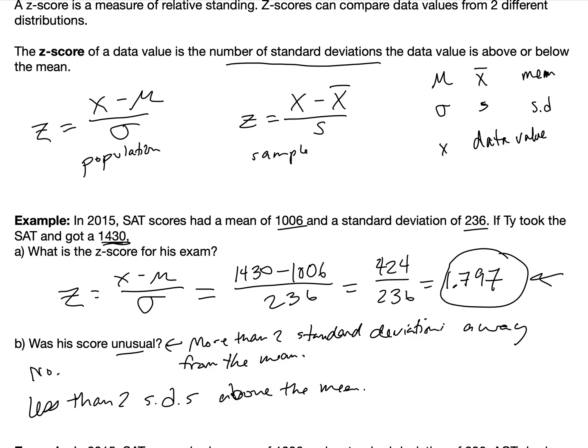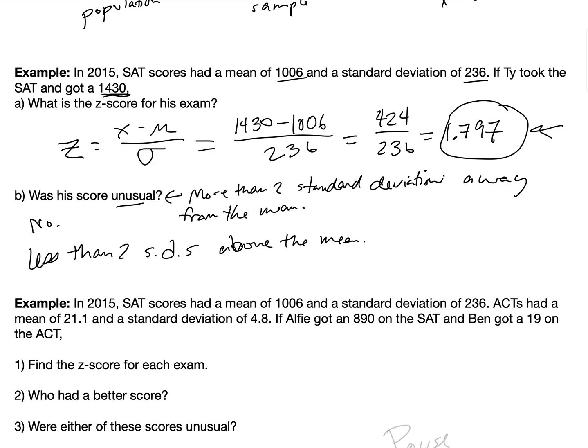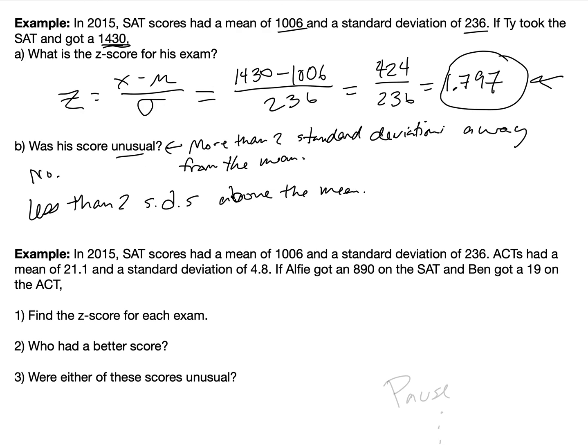So why don't you try a similar example? Here, though, we're also going to compare data values from 2 different distributions, which z-scores are especially good for. So in 2015, as we have above, SAT scores had a mean of 1,006 and a standard deviation of 236, whereas ACTs, that's another college entrance exam that's more common in the Midwest, had a mean of 21.1 and a standard deviation of 4.8.